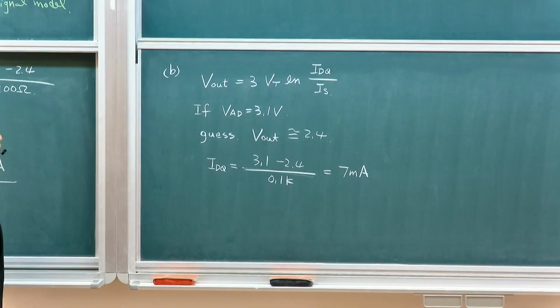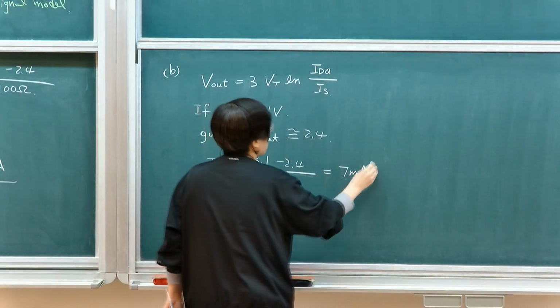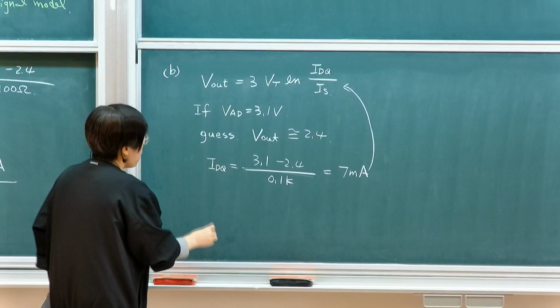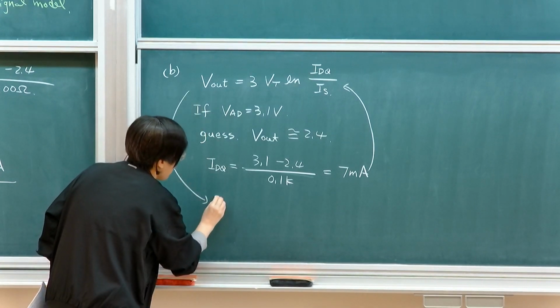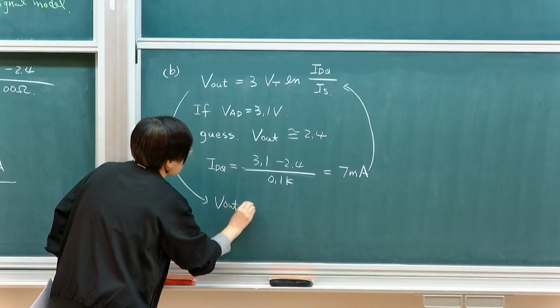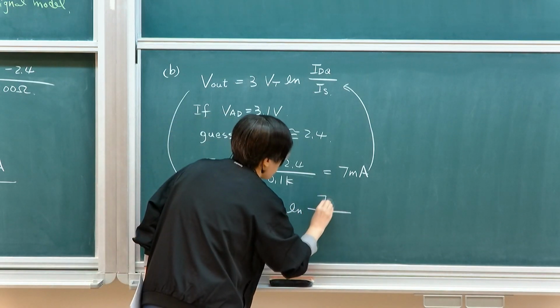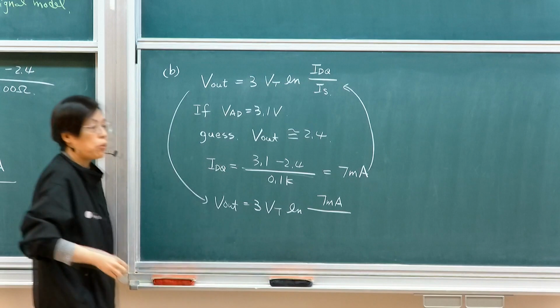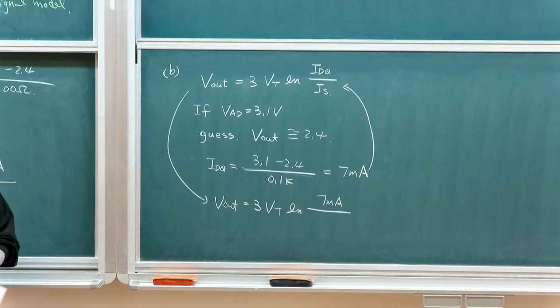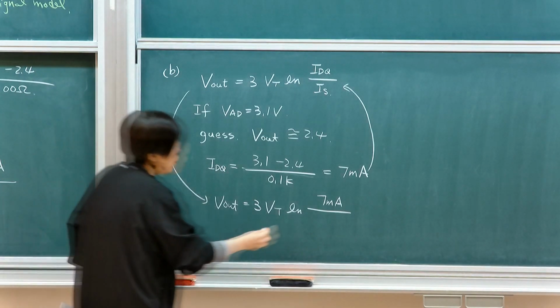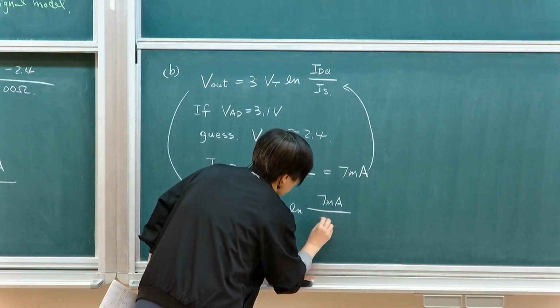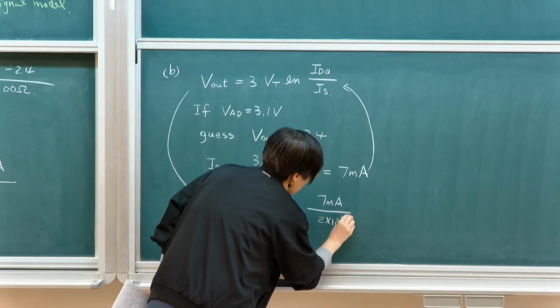So if it's 7 milliamp, you go back to this equation, do the iteration, and find out that VL should equal 3 times VT ln of... This is 7 milliamp. Instead of 6, it increased to 7. So what is the corresponding voltage if it increased to 7? This would then give us 2 times 10 to the minus 16.